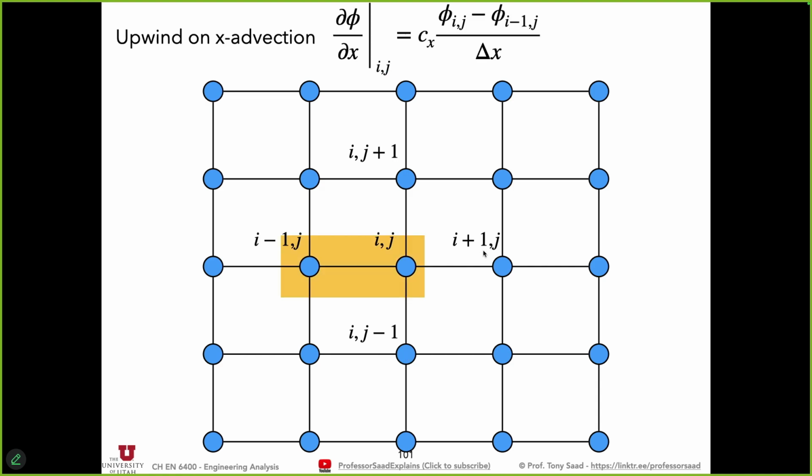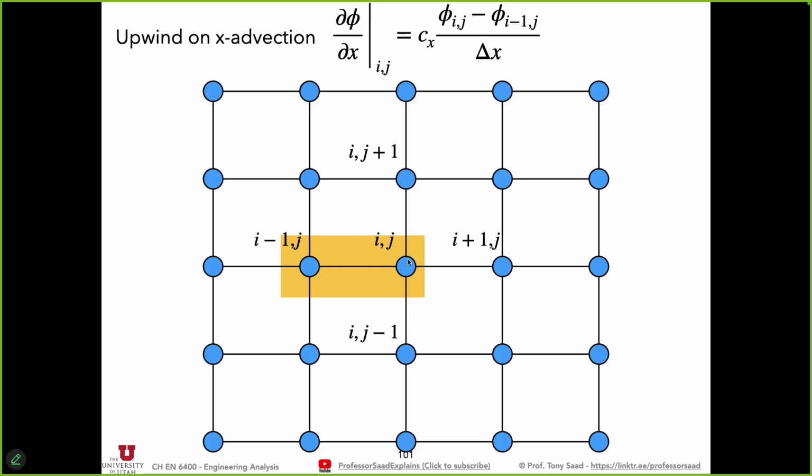Logical indexing. Now, if I want to do upwinding on advection, which is what we've done, assuming velocities are positive, so moving from left to right, from bottom to top, then I'm going to do upwinding, which is a backward difference approximation. And then the advection term in the x direction, dphi/dx at i,j, is simply a backward difference in the x direction. So j is fixed.